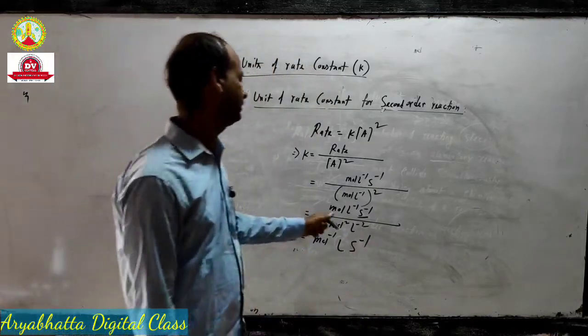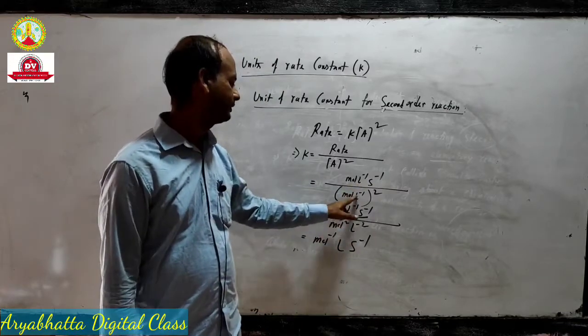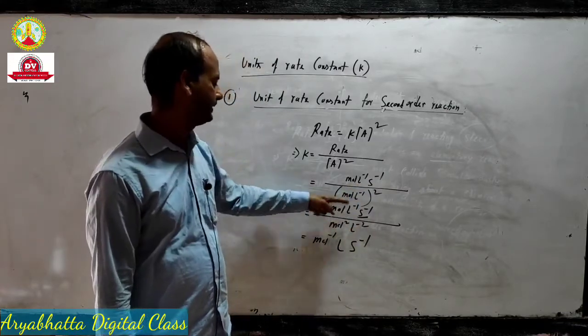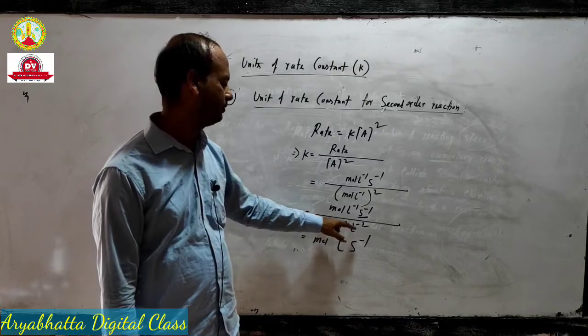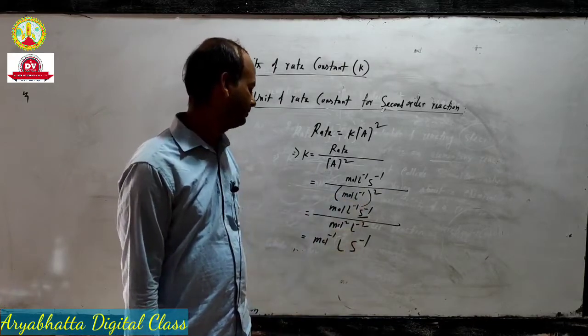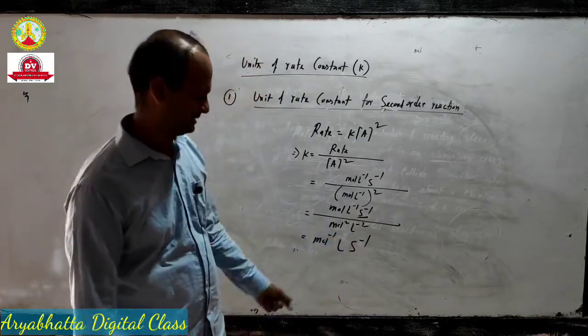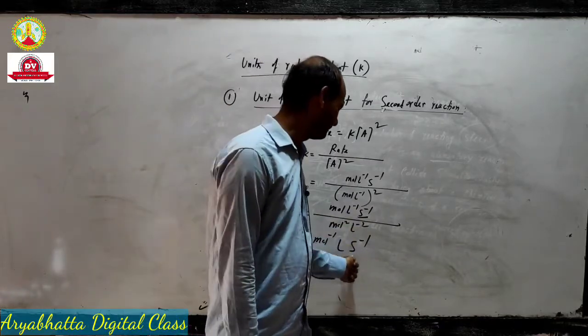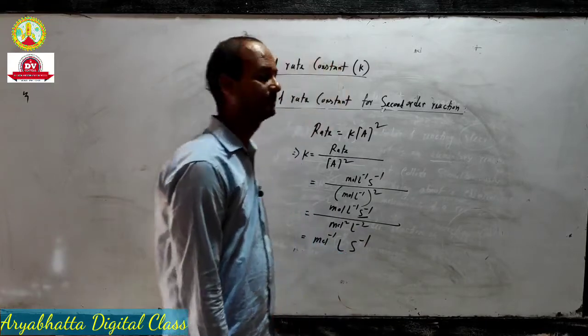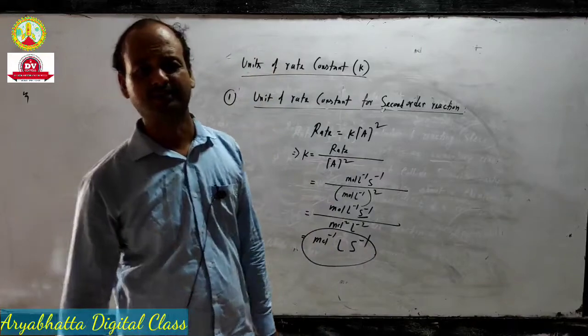Again, I repeat: mol square and l to the power minus 2 go upward, giving mol to the power minus 1 and l to the power plus 1. The remaining is s to the power minus 1. Clear?